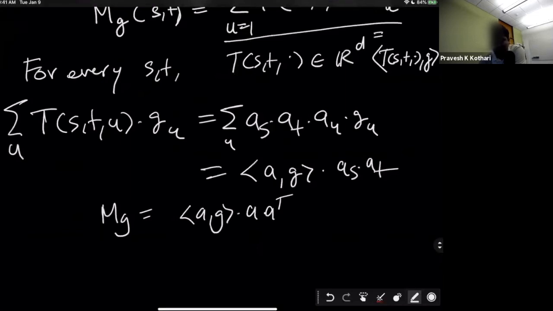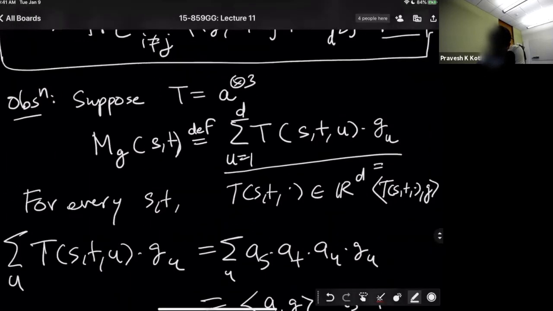All good? Satisfied? Good. Now, the point is that this operation I just defined is a linear operation. If I add two tensors, then applying this operation to the added thing is the same as applying it to the constituents and then adding.